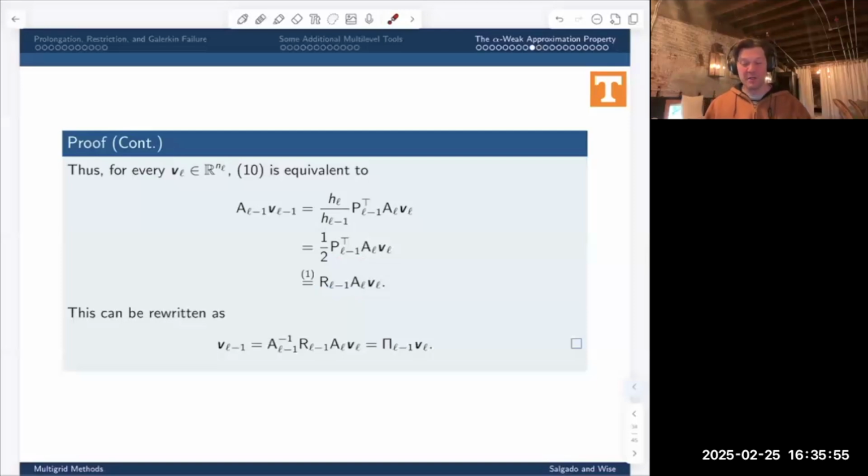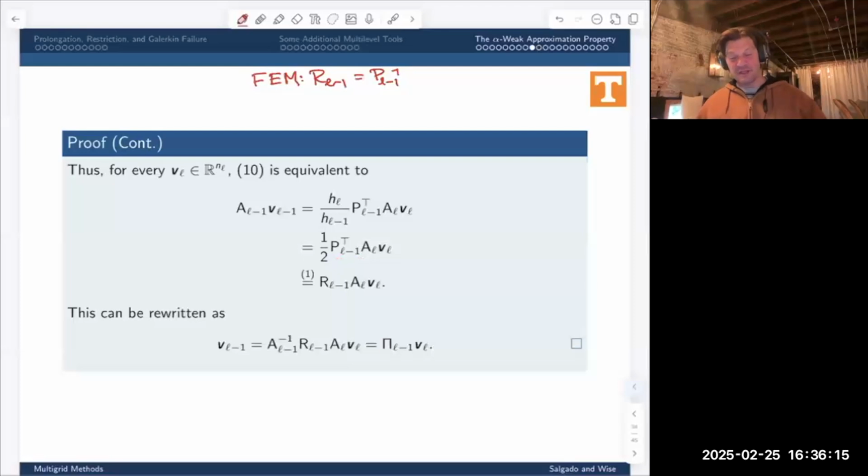Remember, that's this weird new thing that we're doing in this section that was different from the finite element setting. In the finite element setting, we always wanted to have the restriction matrix equal to the prolongation matrix transposed.